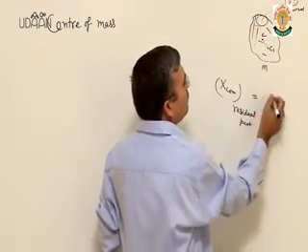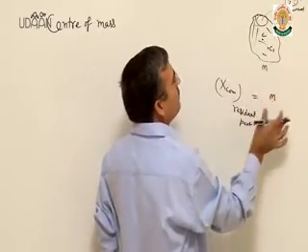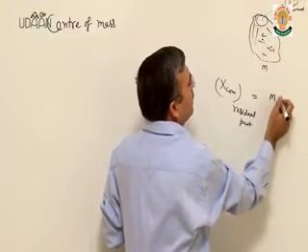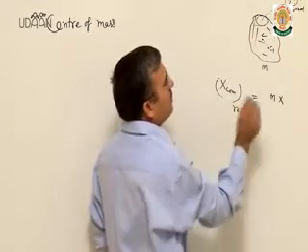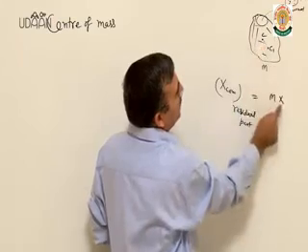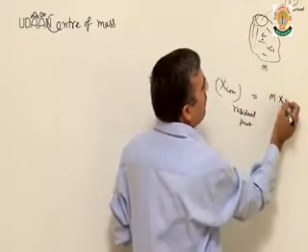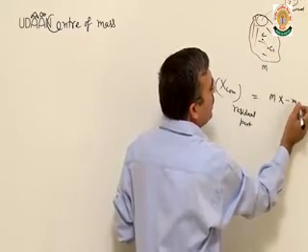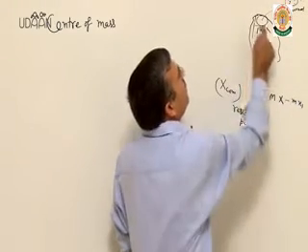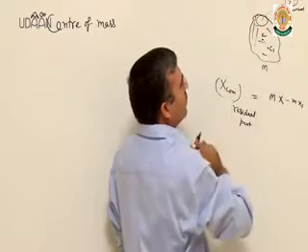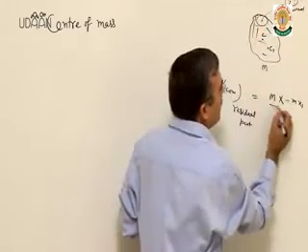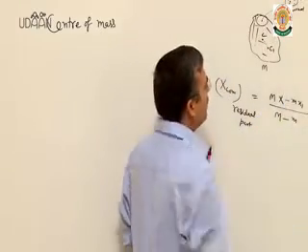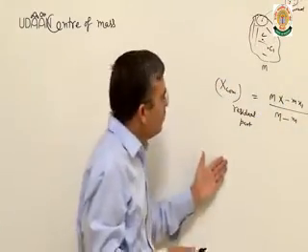This will be equal to the total mass of the body, when it is complete, times x coordinate of the center of mass, x of the C point, minus small m, the mass of the removed part, into x1, its center of mass at this position, divided by the total mass of the body minus small m, the mass of the removed part. Similarly in y com and z com.